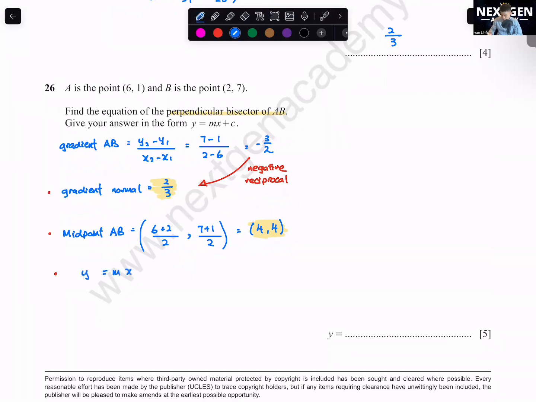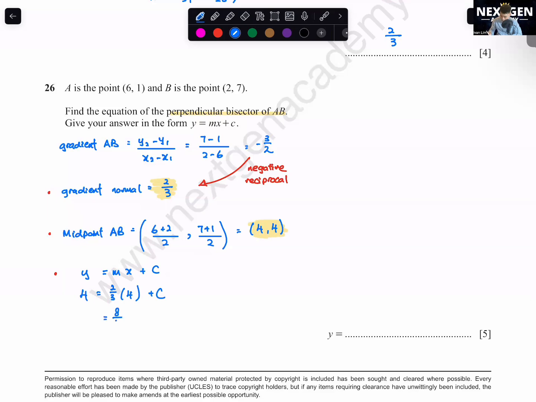Some of you will ask me, teacher, can I use the formula y minus y1 equals m bracket x minus x1? Technically can, but you just hope that the marker understands what you are doing. So y equals mx plus c. We put this: 4 equals 2 over 3 times 4 plus c.